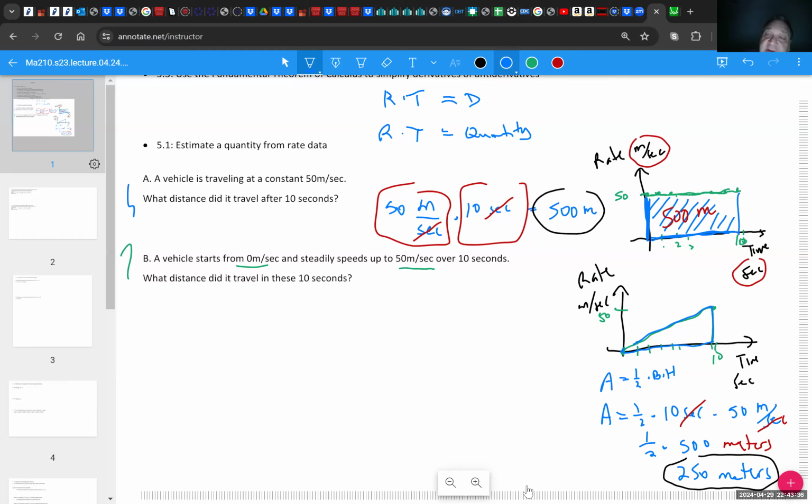You can kind of see, if I overlay this here, this giant green box, that's the 500, right? That's the constant rate of 50, and ours is just this little half piece right here. That's the 250 meters that we went.